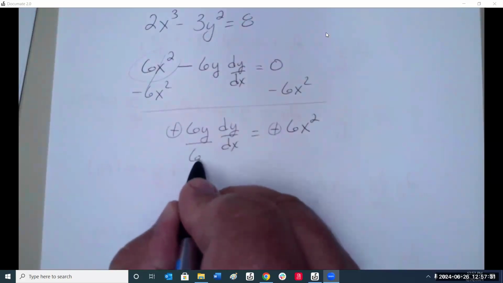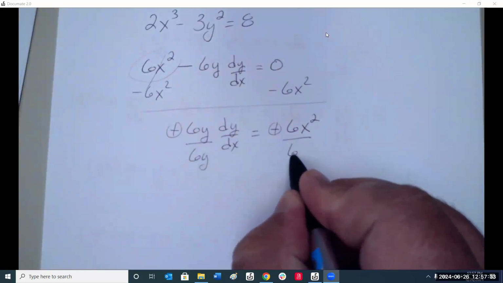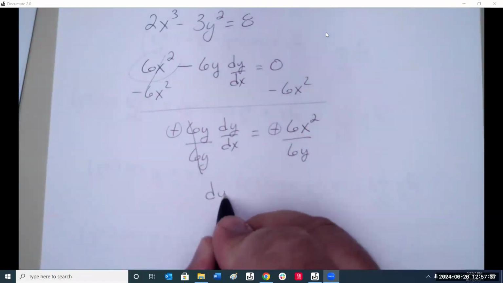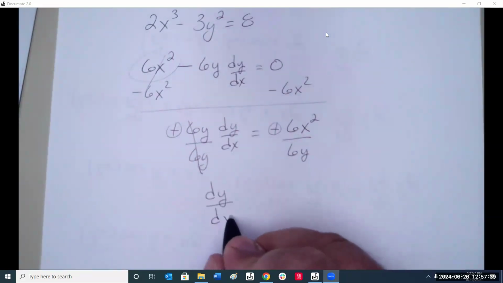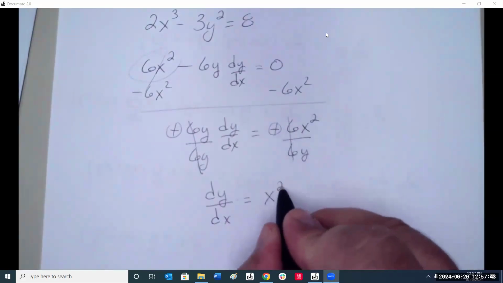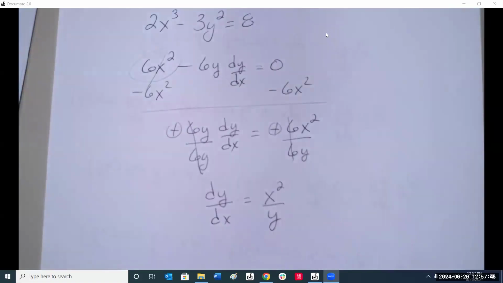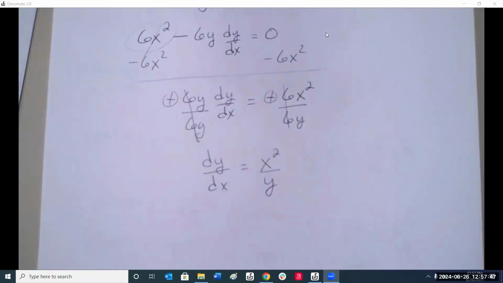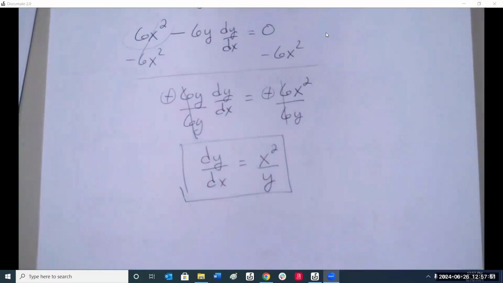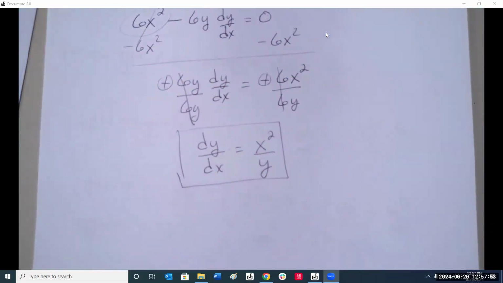Divide by 6y. So the 6's cancel, and I have x squared over y. We have to remember this. That's the first derivative.